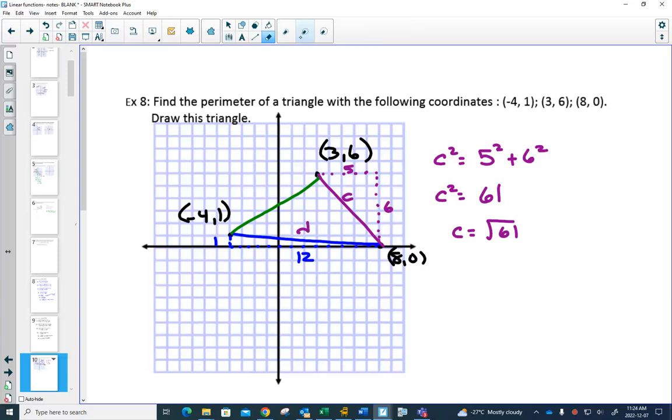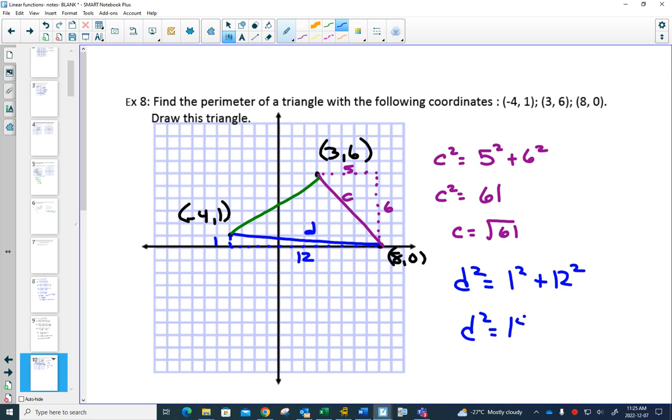Perfect. You have to use another letter, because you already said this side was c, and this side would have to be a different letter because it's a different length. So if I do the blue one, d squared would be 1 squared plus 12 squared.